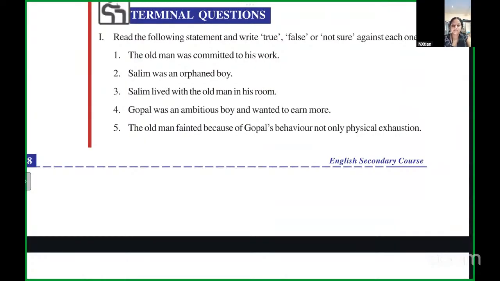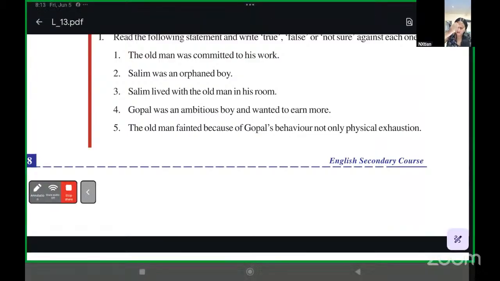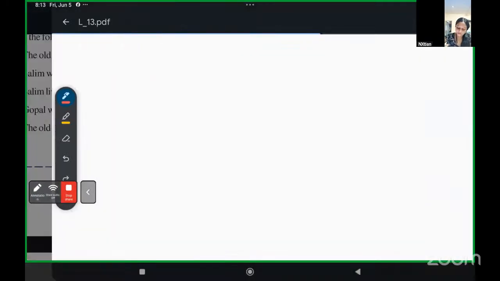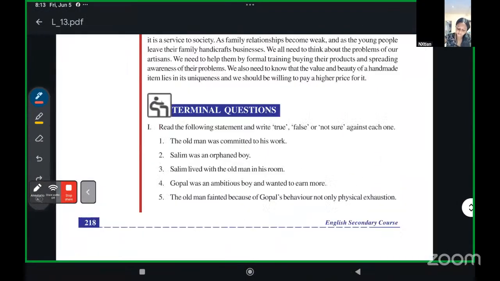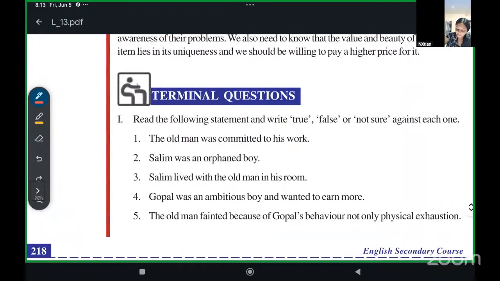Terminal questions. Let's do the questions. True or false. The old man was committed to his word. True. Salim was an orphaned boy. True. Salim lived with the old man in his room.